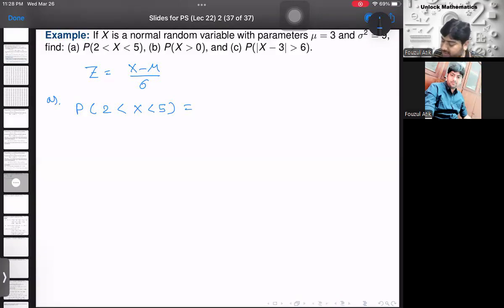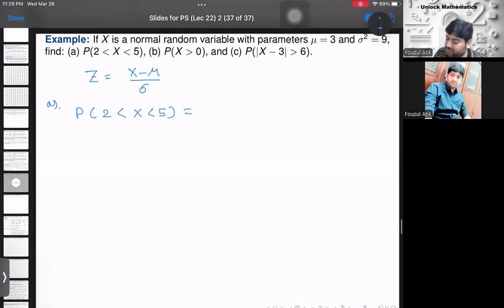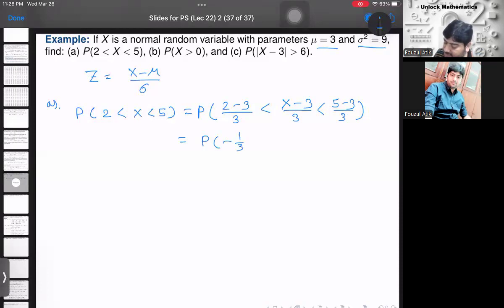Here mu is equal to 3 and sigma is also 3. So we'll convert it. How? P of 2 minus 3 divided by 3 is less than x minus 3 divided by 3, which is less than 5 minus 3 divided by 3. Therefore this value is p of minus 1 by 3 less than z less than 2 by 3.